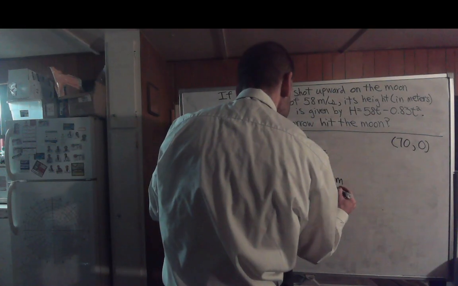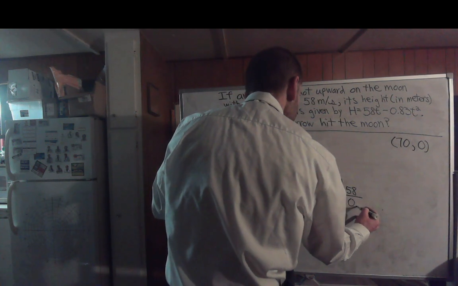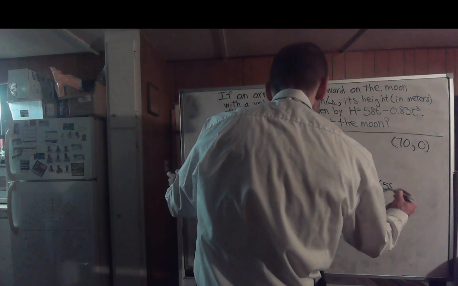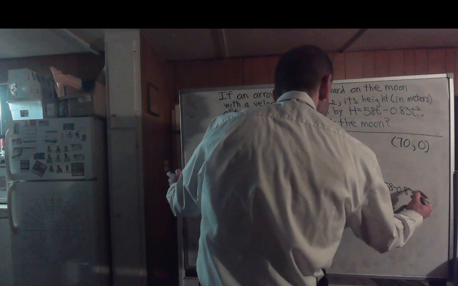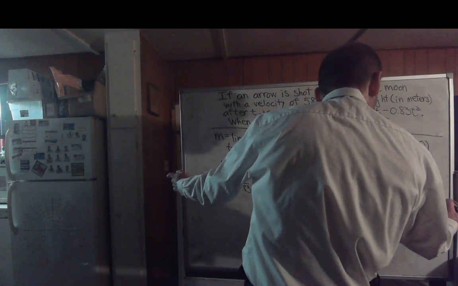The limit as t approaches 58 divided by 0.83 of t times that 58 minus 0.83t all over 1 times 0.83 all over 0.83t minus 58.